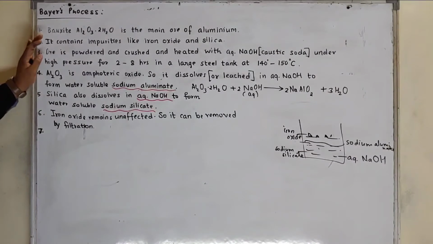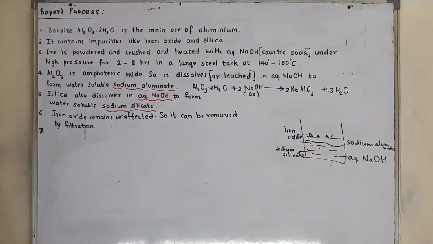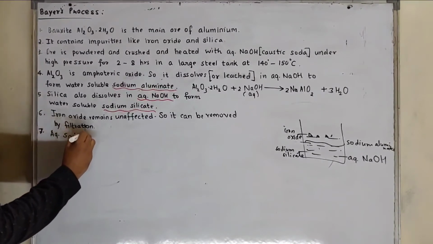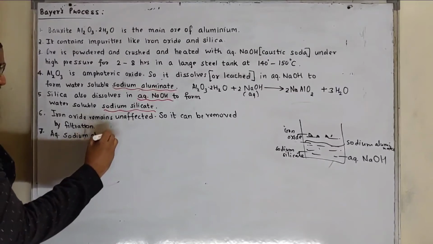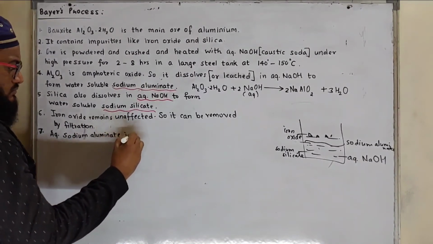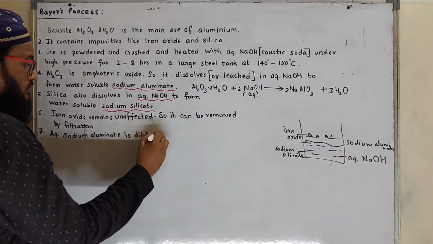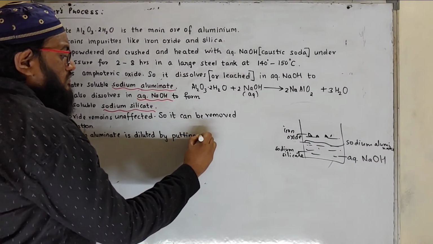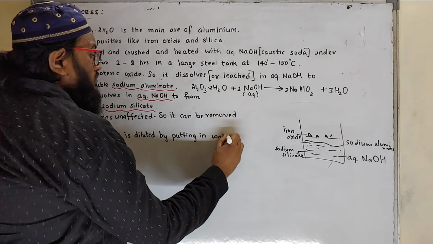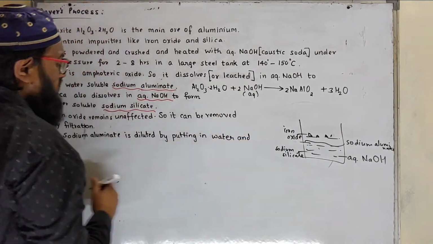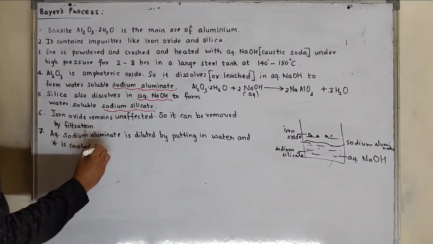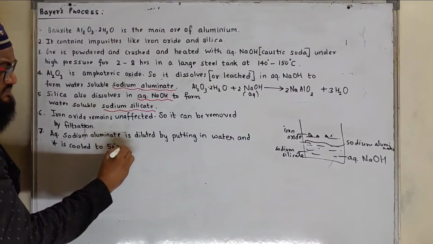So diluting sodium aluminate by putting in water, we can say aqueous sodium aluminate is diluted by putting in water, and then it is cooled to 50 degrees Celsius.